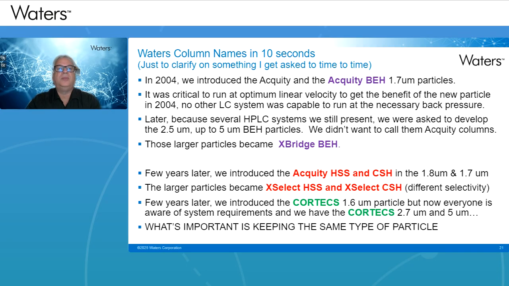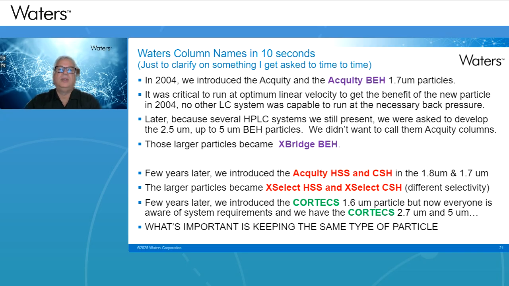So very briefly, I'm just showing you the historical reason why we call it the Acuity BEH and then we have the XBridge BEH. It's really a question of nomenclature. We wanted to make sure that when we introduced the Acuity system, nobody would use the Acuity column on the HPLC at the wrong flow rate with the wrong values and get bad results.